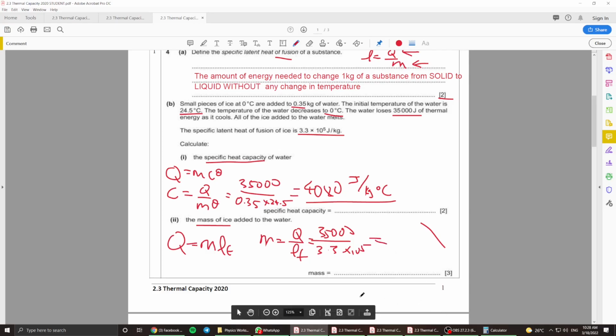Press that into your calculator. You're supposed to get a mass of 0.11 kg, guys, or more accurately 0.106 kg.